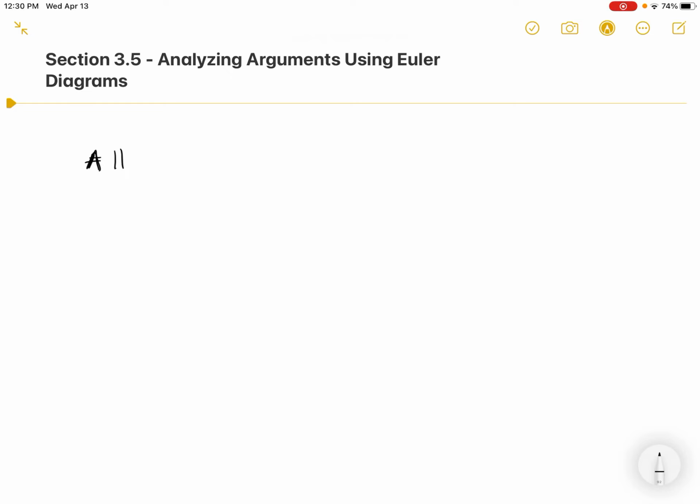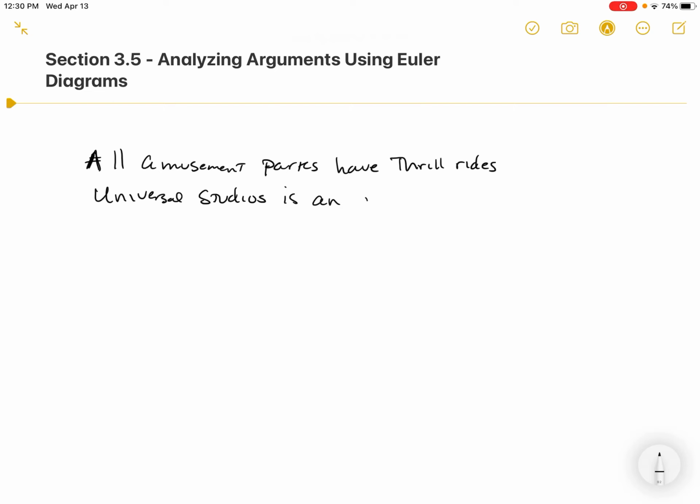You'll see something like this. All amusement parks have thrill rides. Universal Studios is an amusement park.